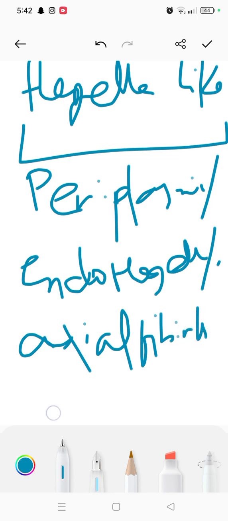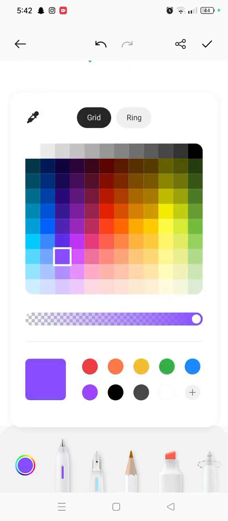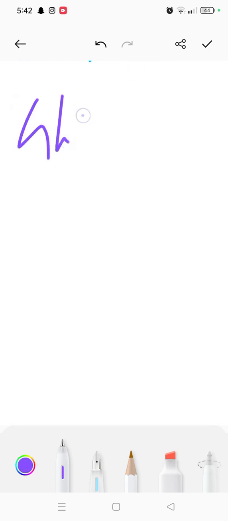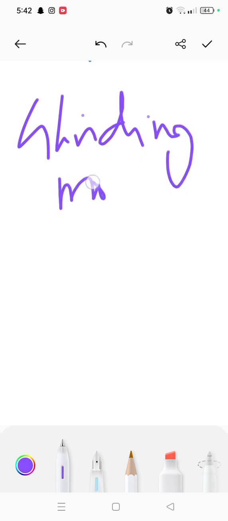The third one which we have is gliding movement. This type is seen mostly in cyanobacteria.